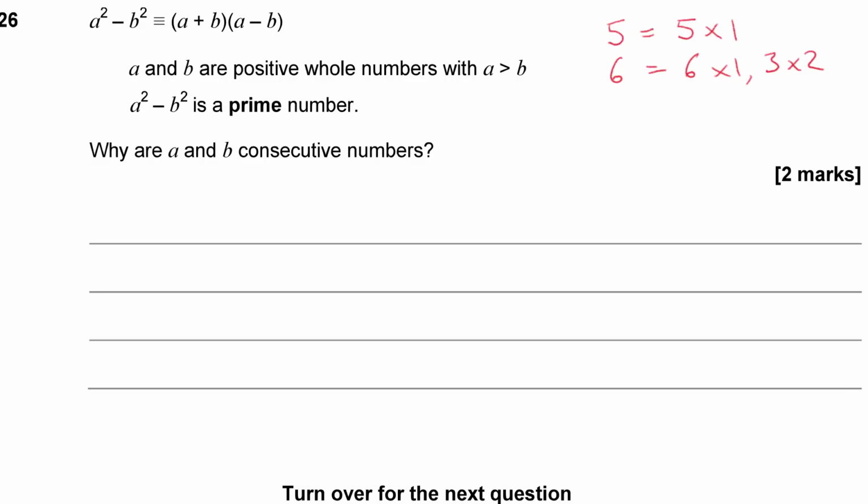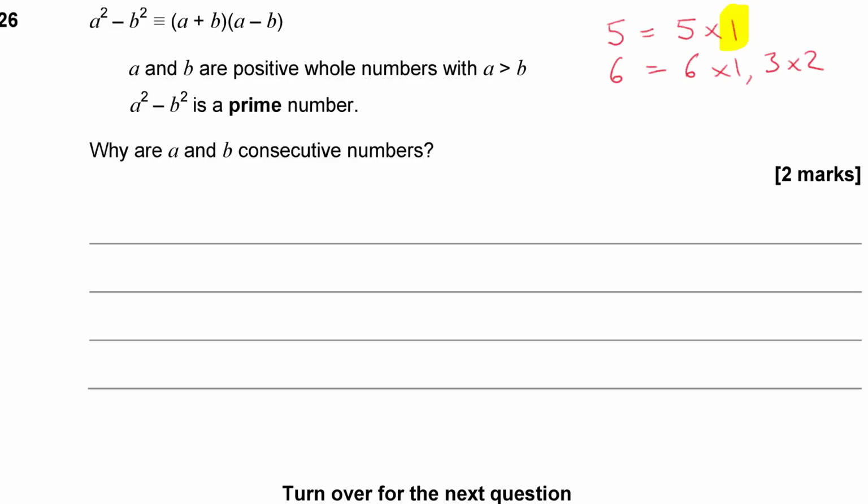So what makes a prime is that if I've got two numbers that multiply together to give you that number, then one of them has to be 1. Otherwise, it's not a prime. So let's have a look at what we've got here.